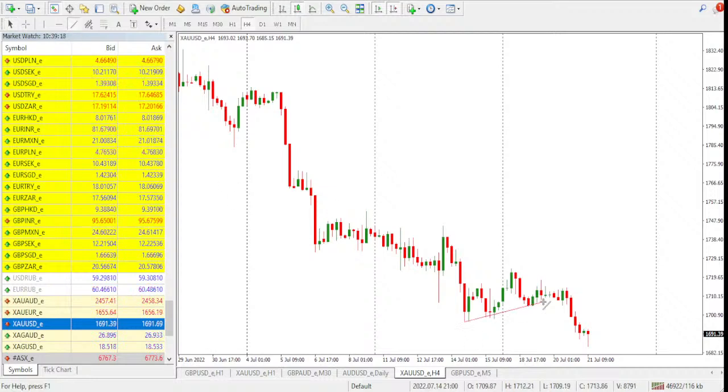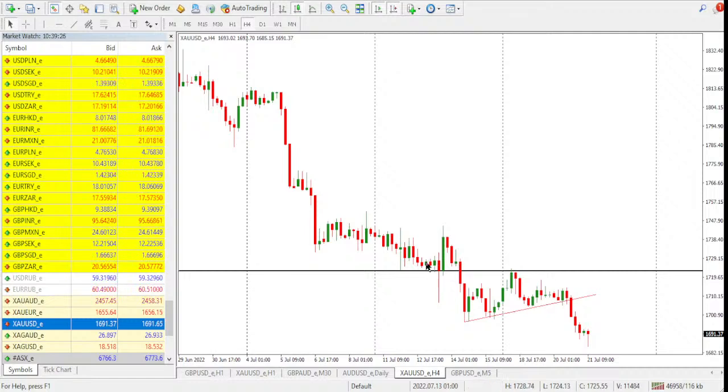We've seen price continue to move to the lower side. We had a support here. There is a break below this point. We had a resistance, and as it is now, we have a level there. We have a support, and there is this breakout.